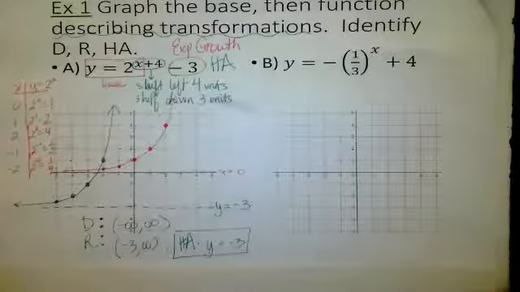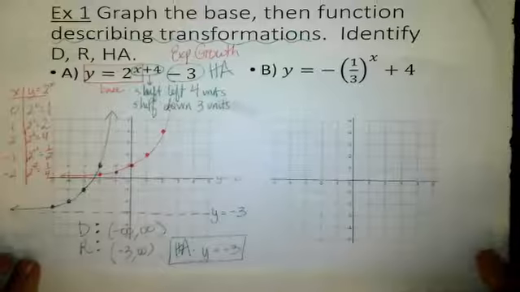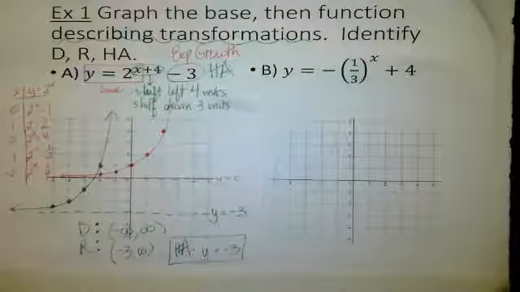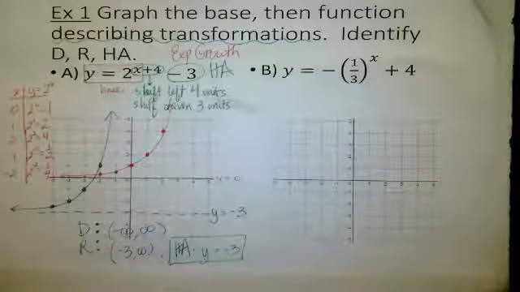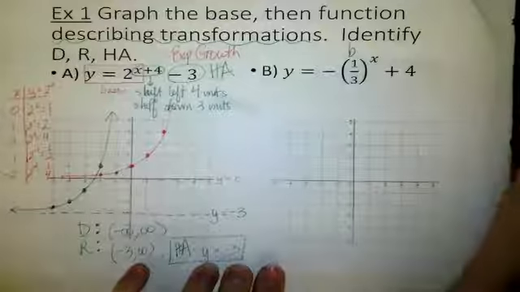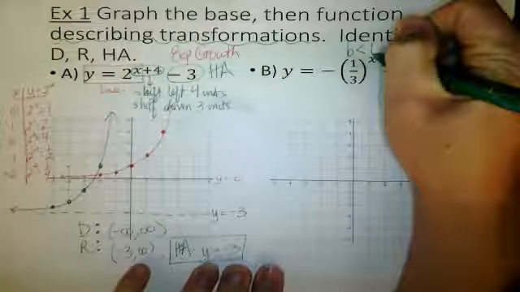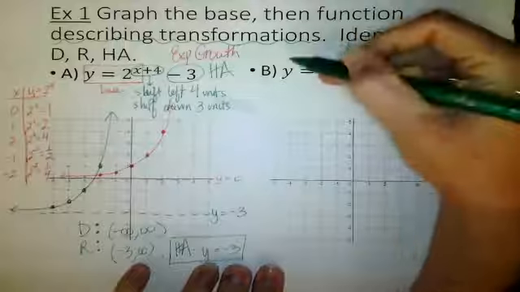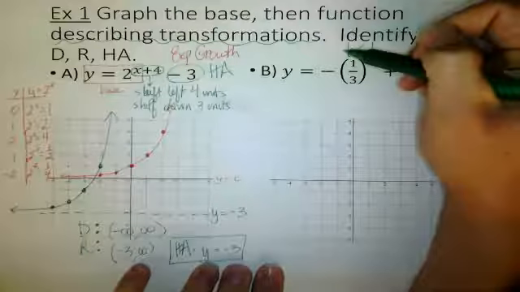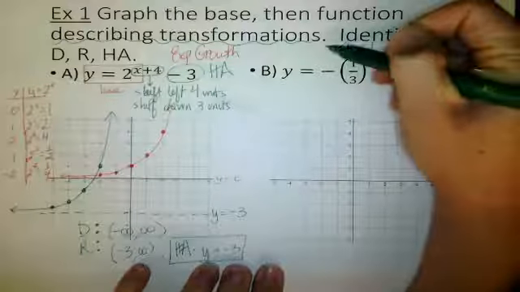What do you think B is? It's going to be exponential decay. So what determines whether something is exponential growth or decay? The B value. What about the B value? If it's less than 1, like negative values too? Great.